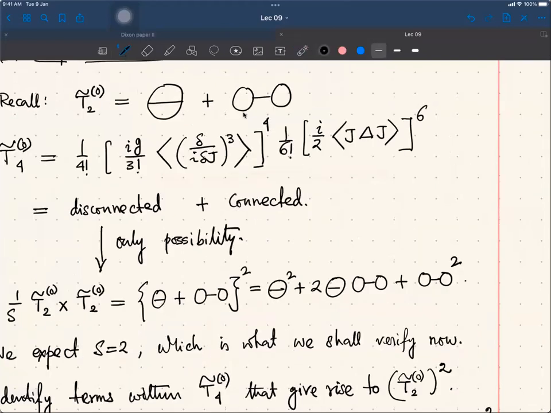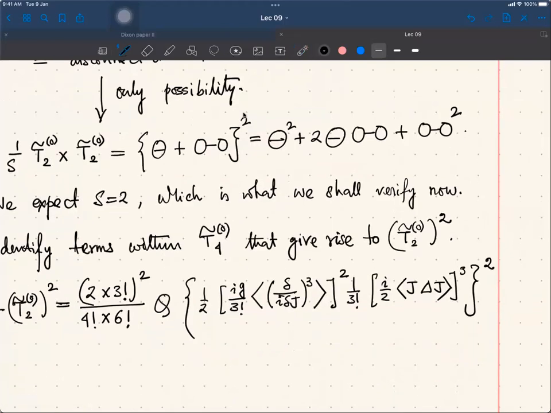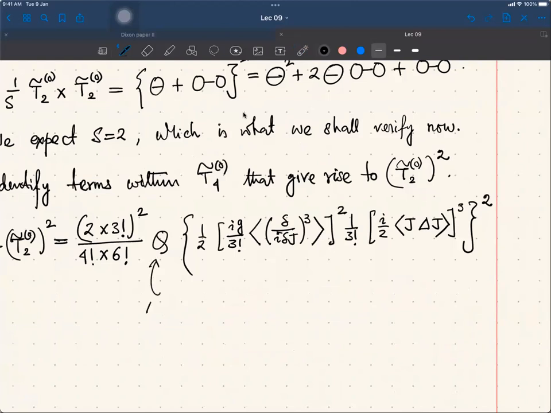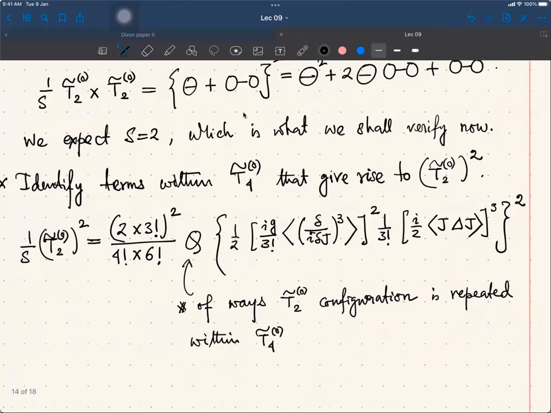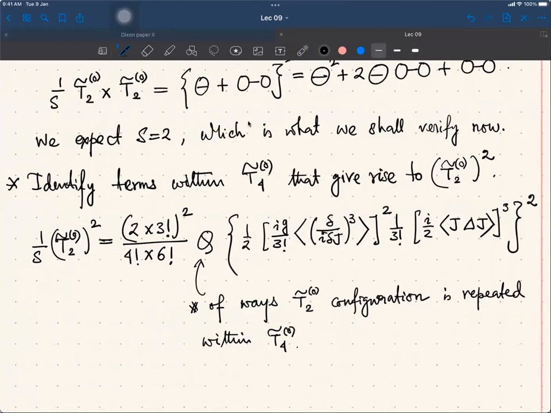That is the question, and let me call that number Q. So the number Q is the number of ways a t tilde 0 2 configuration is repeated within t tilde 0 4. I explained what I meant.